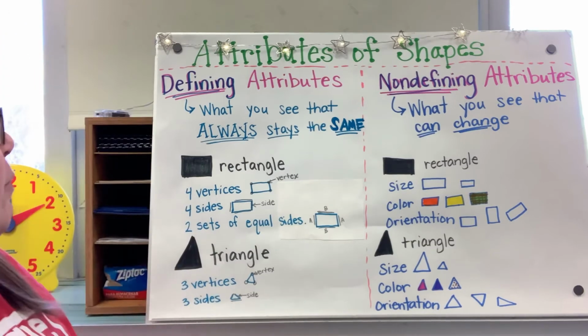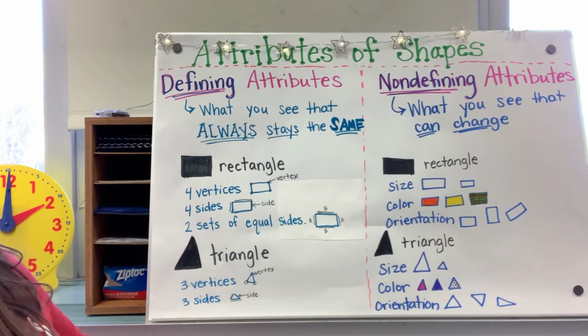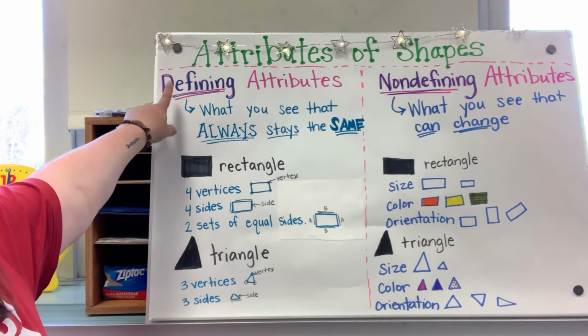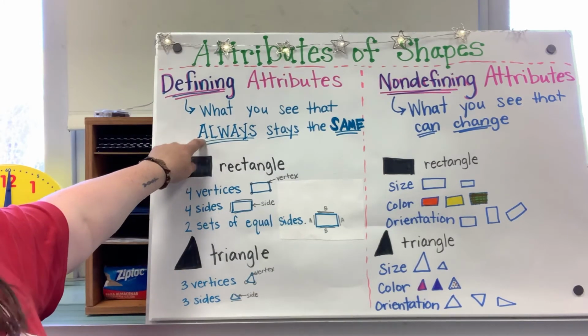All right, now let's talk about triangles, okay? We talked about rectangles' defining attributes. Let's talk about a triangle's defining attributes. Every triangle, it's always going to be the same for every triangle.